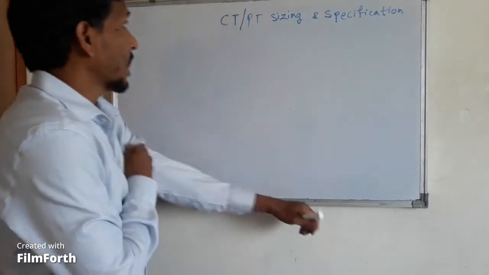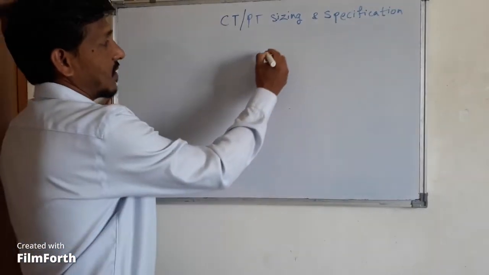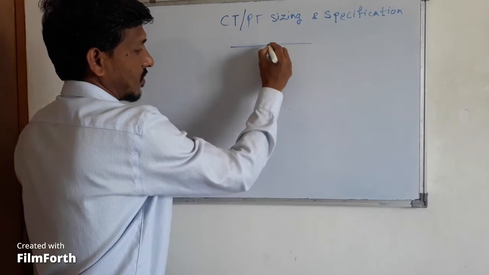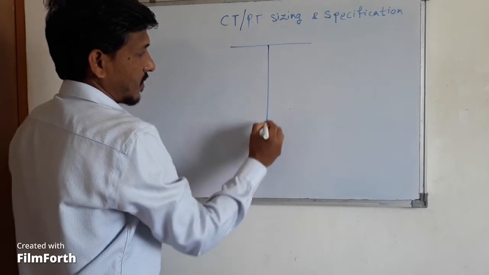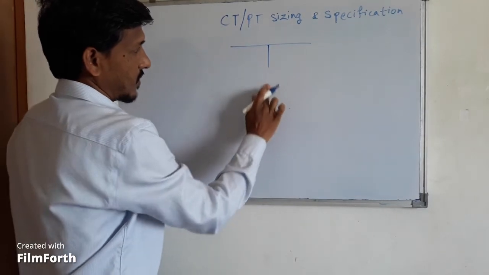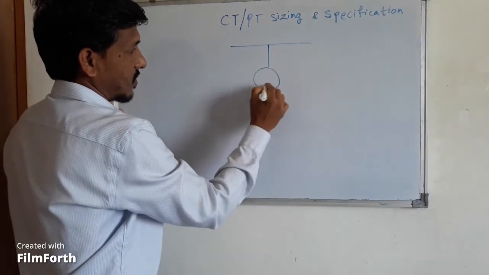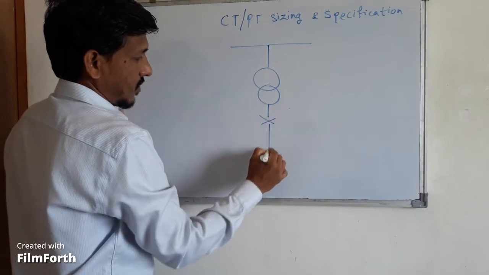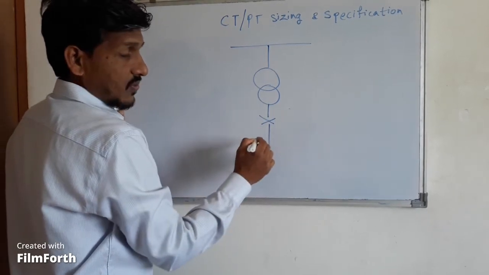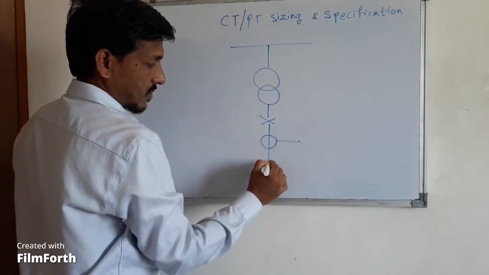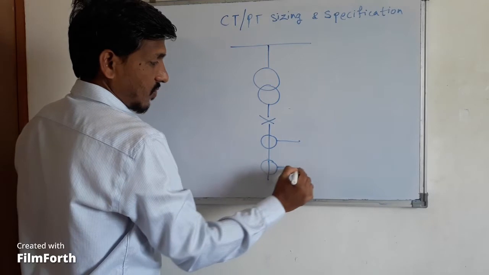Okay, let's see. Now basically this is your SLD, and let's say this is your power transformer, and this is the secondary side of your transformer, and you have to provide a CT here for metering purpose, and one more CT here for your protection purpose.